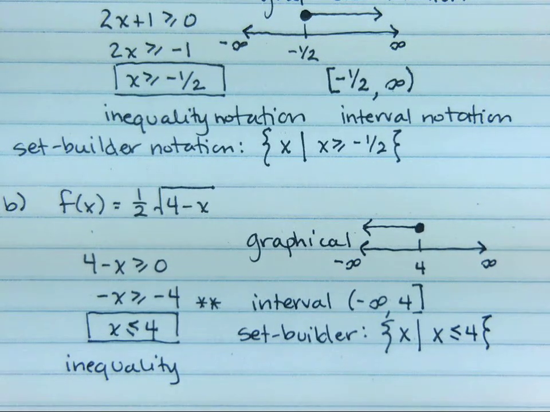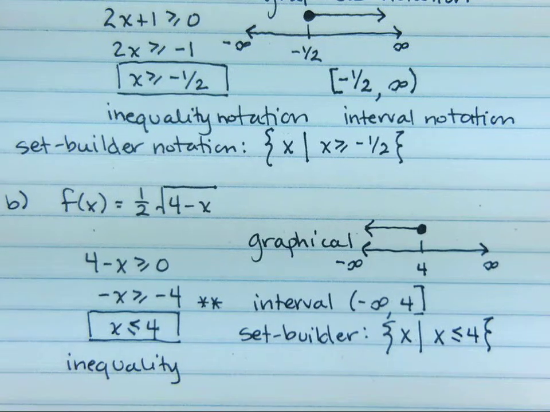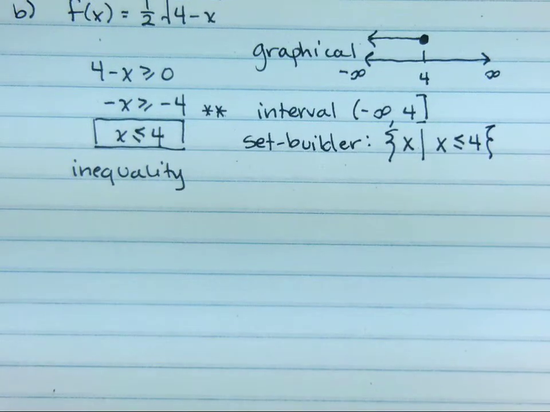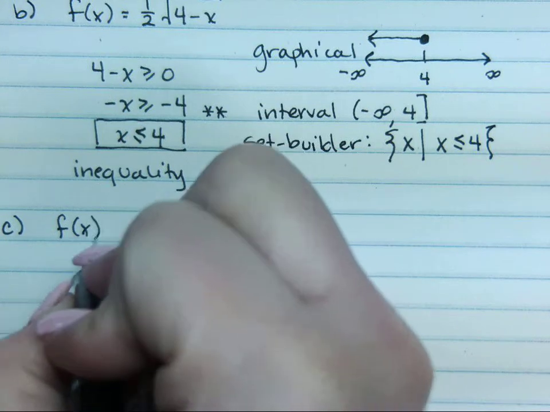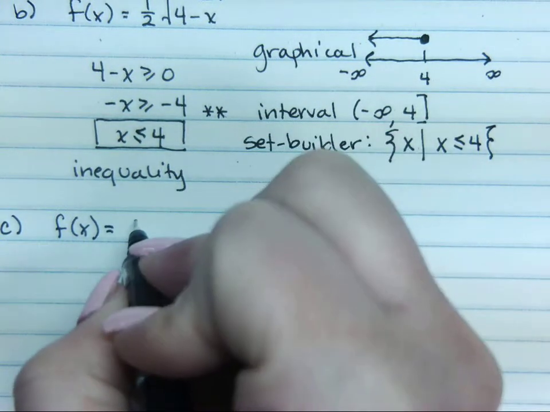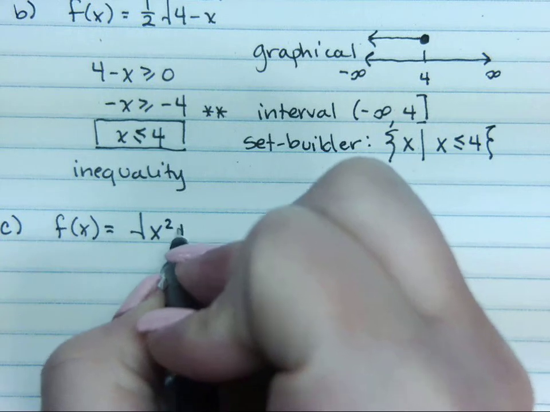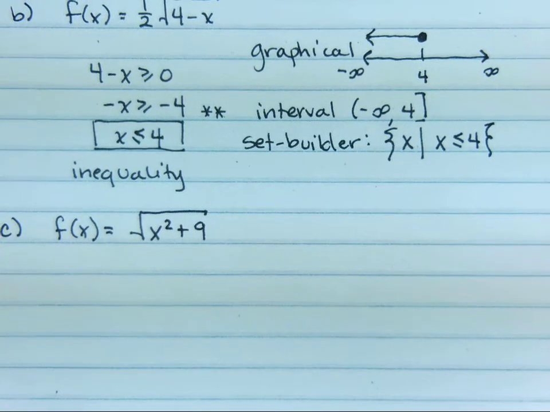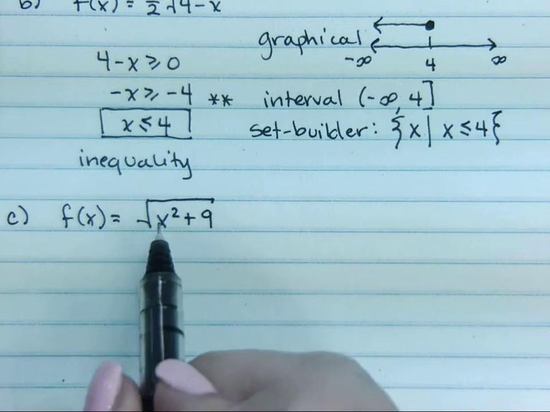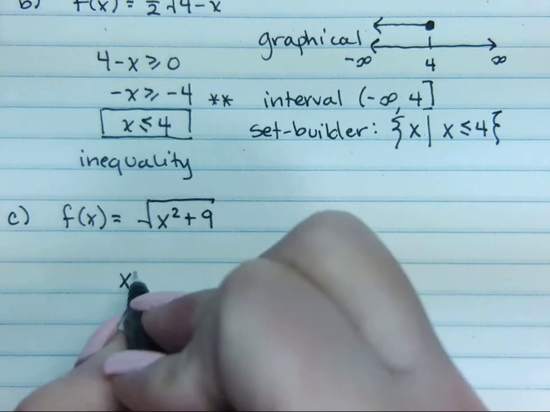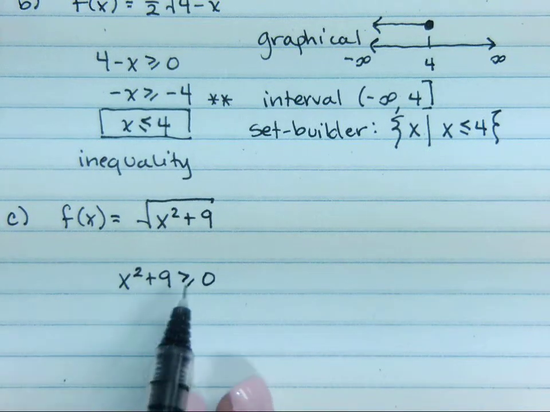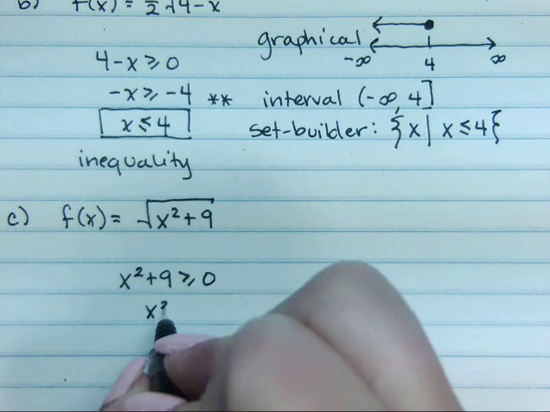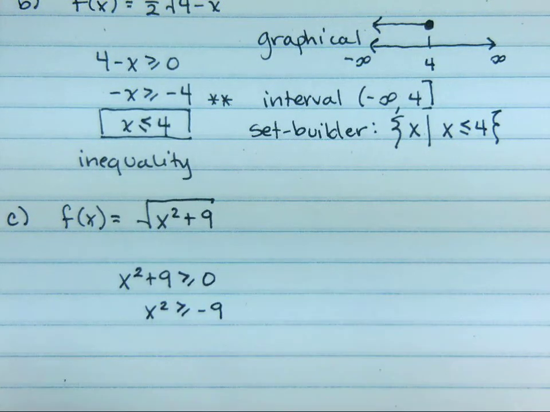Sometimes you don't get a linear expression inside this radical, and that's where we want to start looking at some trickier ones. Let's look at the square root of x squared plus 9. When I set this radicand greater than or equal to 0 and start solving, I move my 9 to the other side, and I'm going to be trying to take a square root of a negative.